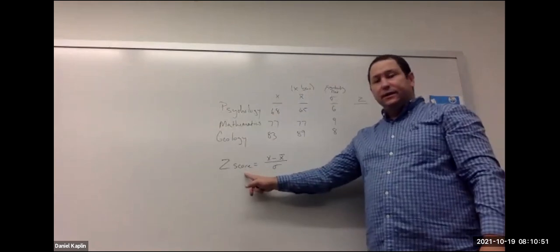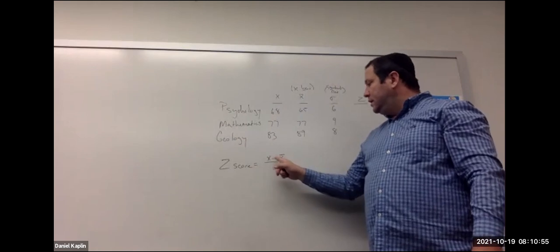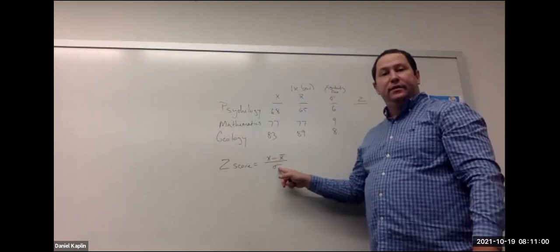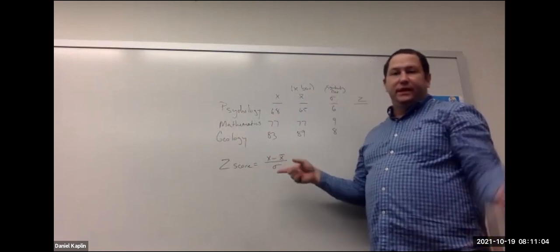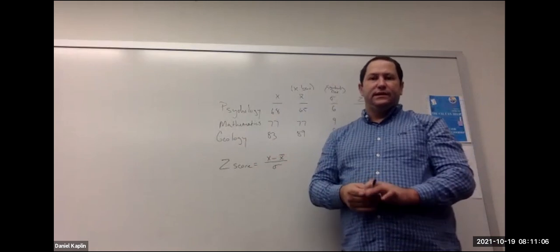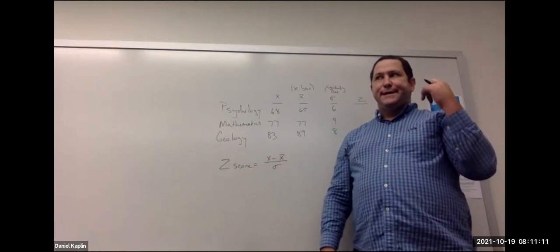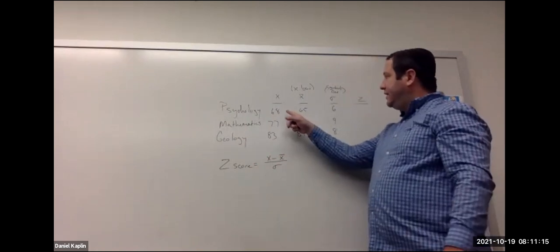So a Z-score is equal to X, an individual score, minus X bar, the mean, divided by the population standard deviation. Technically, this should be mu because a Z-score is calculated when you know the population mean and standard deviation. All right, but let's apply it here.